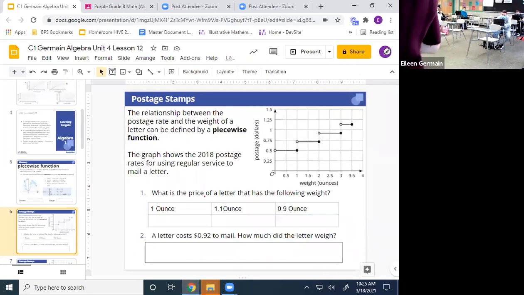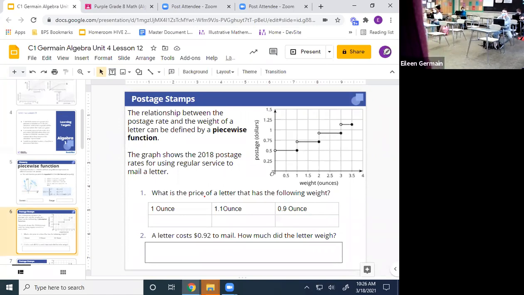Okay, we're going to look at postage stamps. The relationship between the postage rate and the weight of a letter can be defined by a piecewise function, because for different weights, it costs different amounts.